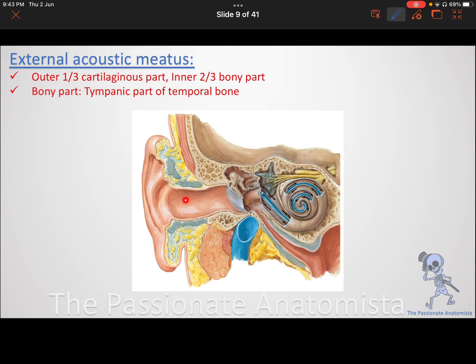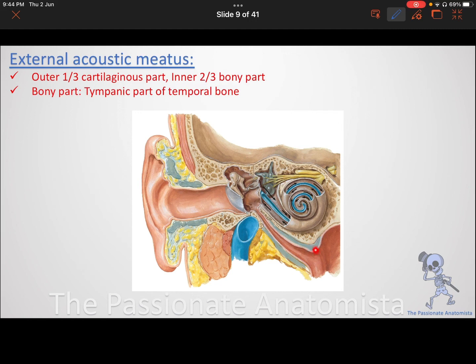Now, the external acoustic meatus has an outer 1/3 that is cartilaginous and an inner 2/3 that is bony. The opposite is true when we talk about the pharyngeotympanic tube. It has an outer 1/3 bony part and an inner 2/3 cartilaginous part.